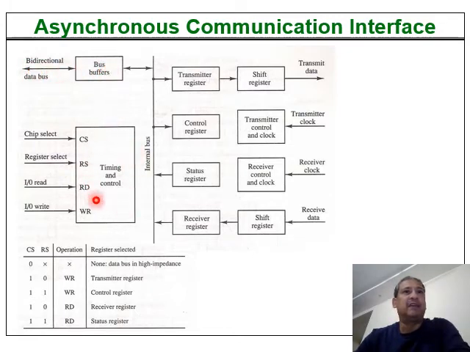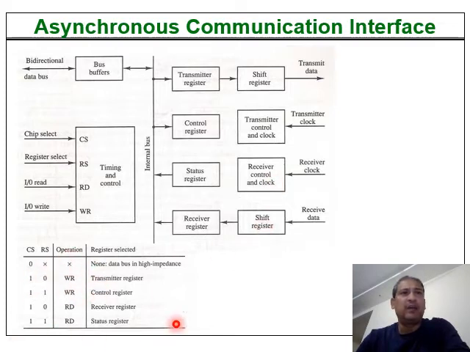I have the timing and control logic, which has certain inputs from the CPU side: chip select, register select, read and write. On the device side, I have the transmitter register, control register, status register and receiver register. These, as you know, are part of the interface. And then I have the shift register, transmission control and clock, receiver control and clock, and shift register.